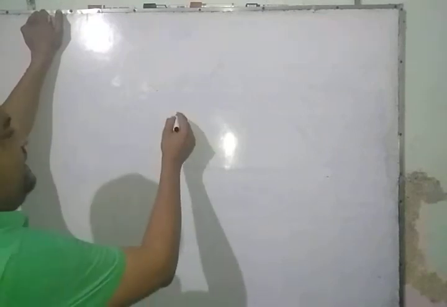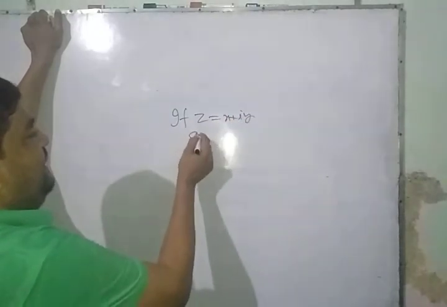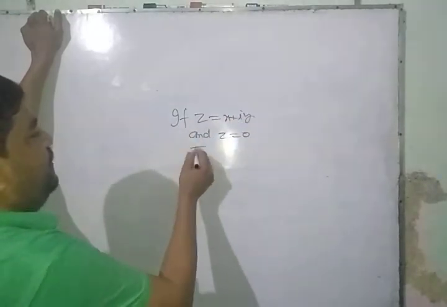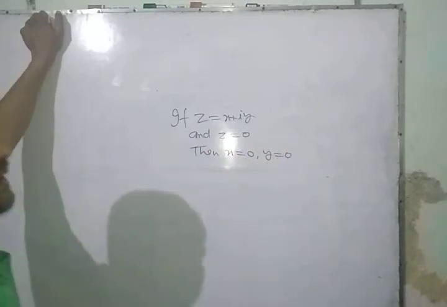So we have seen that if z is equal to x plus iy and z is equal to 0, then x and y both will be 0. So what will we conclude?